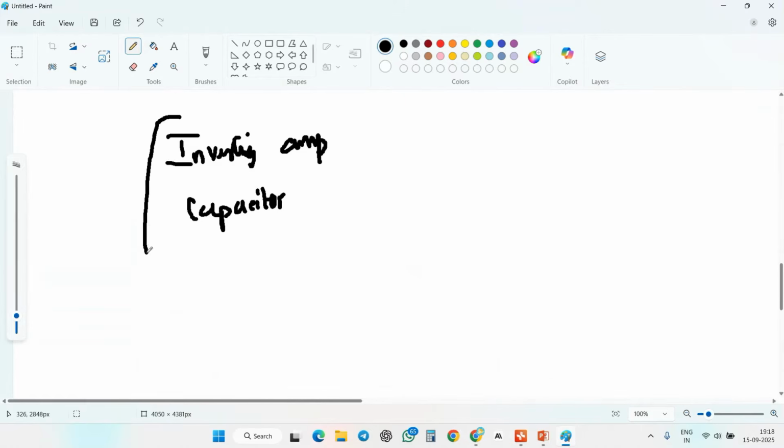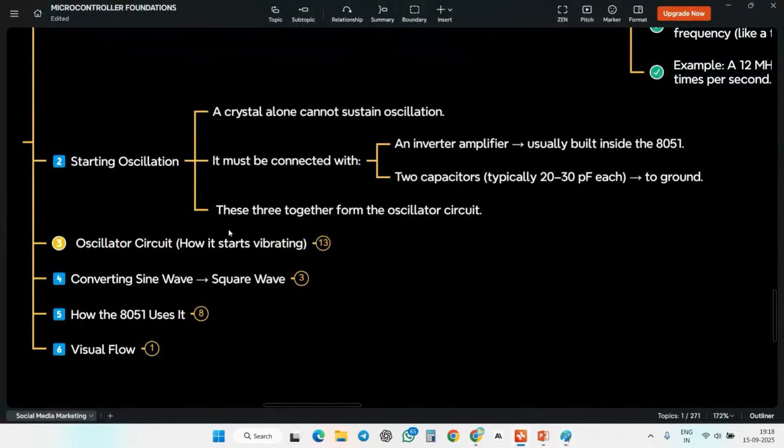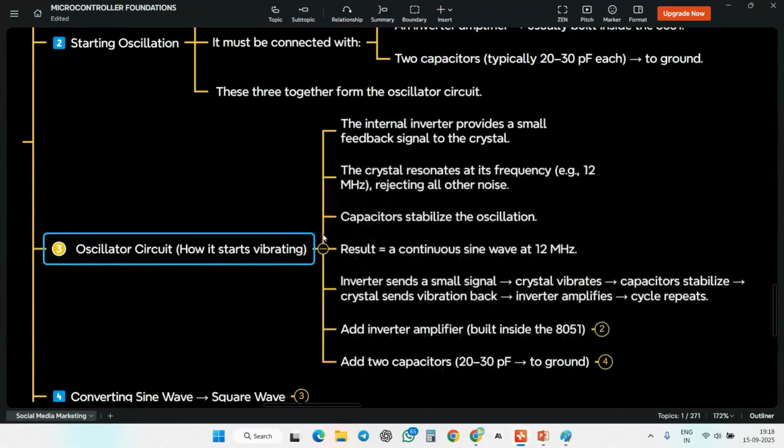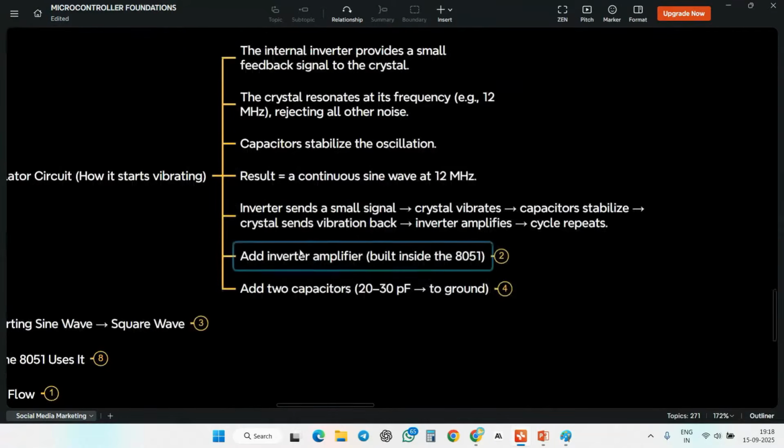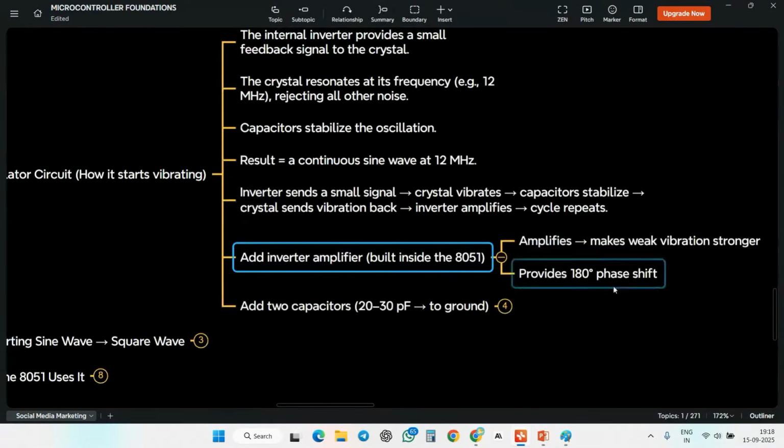So two components are very, very mandatory. Why is it mandatory? The internal vibration is going to provide some small feedback. You will understand while we study this concept.